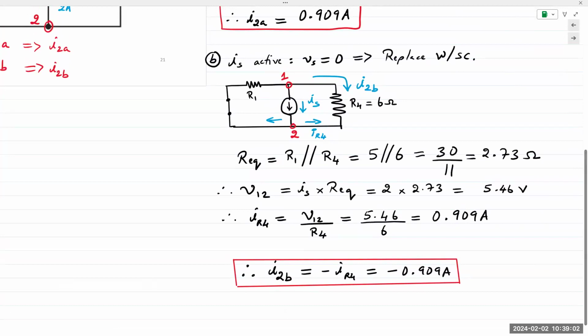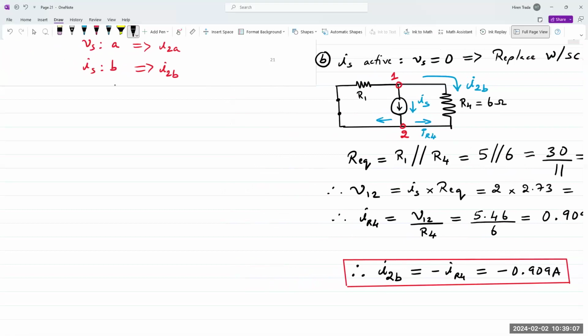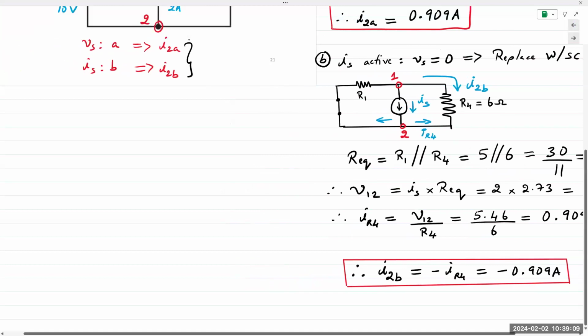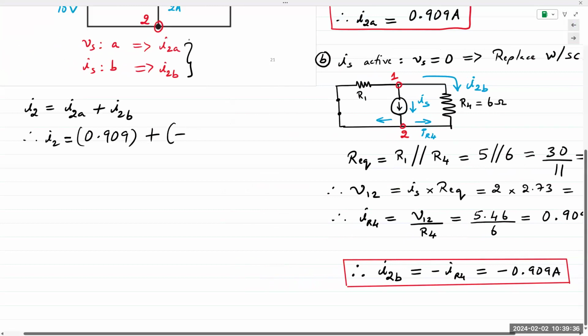Total I2 is a summation of both A and B. So I2 is simply I2A plus I2B, which, if we weren't careful about taking the current direction, we would obtain an incorrect answer at the end.